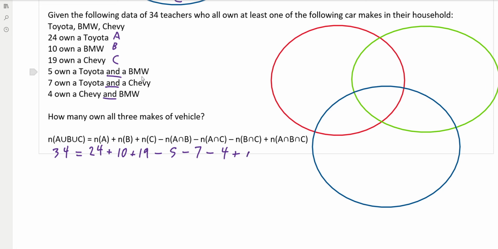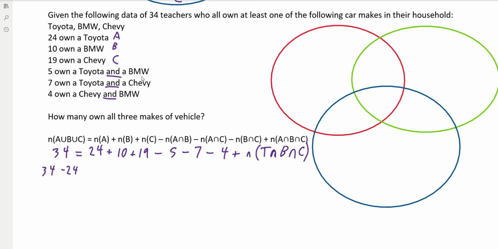Okay, what we don't know is the intersection of all 3. That's what we're solving for. So what we're going to do is basically move everything over.